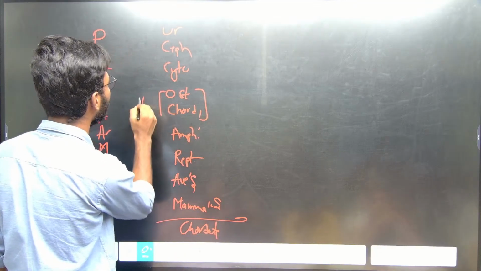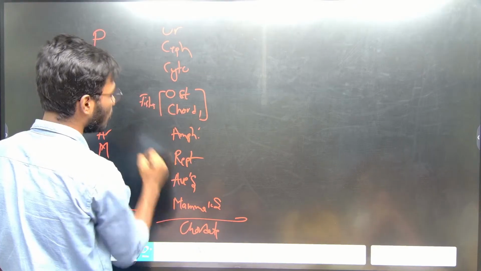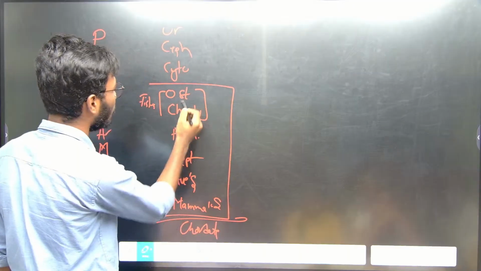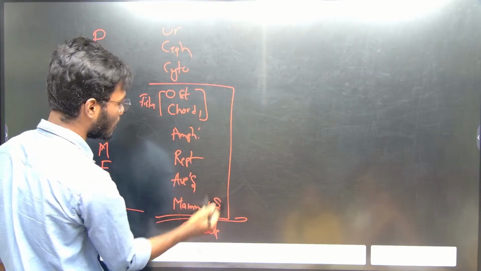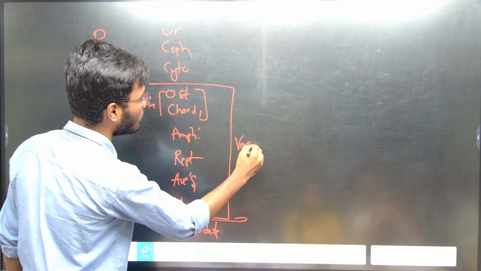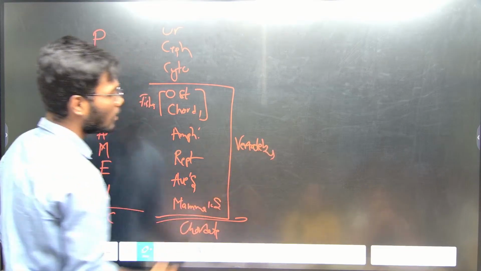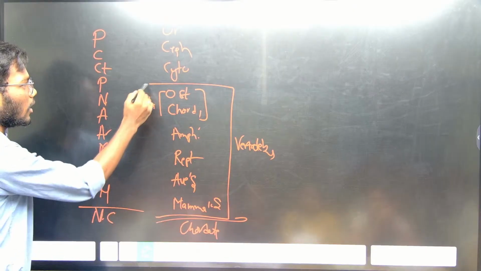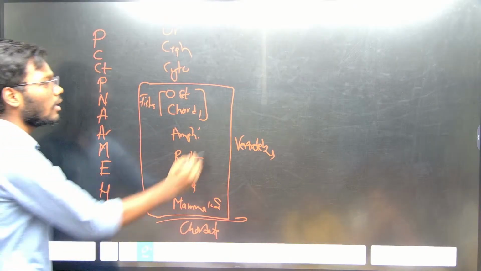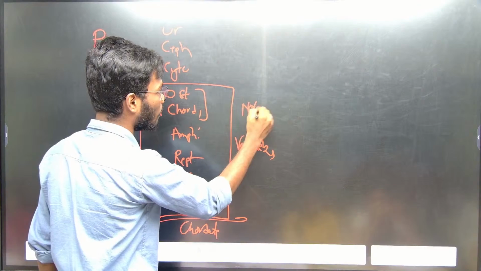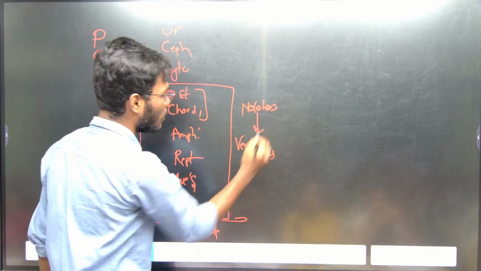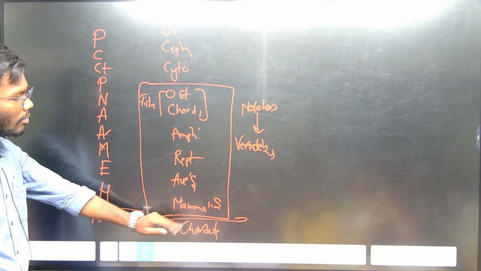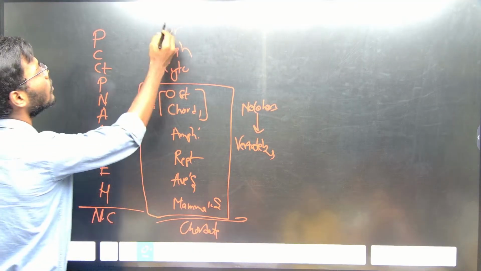In these chordates, the block of fishes, amphibians, reptiles, aves and mammals are vertebrates. Why? Here the notochord is replaced by the vertebral column. So that's why fishes, amphibians, reptiles, aves and mammals are vertebrates.